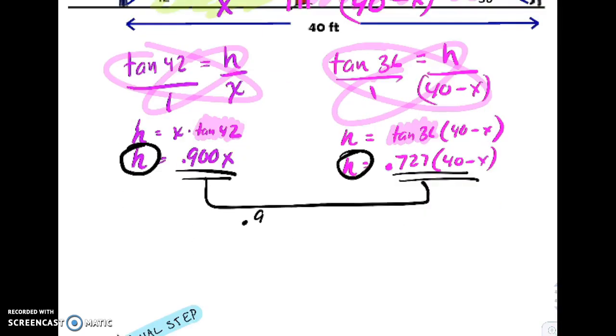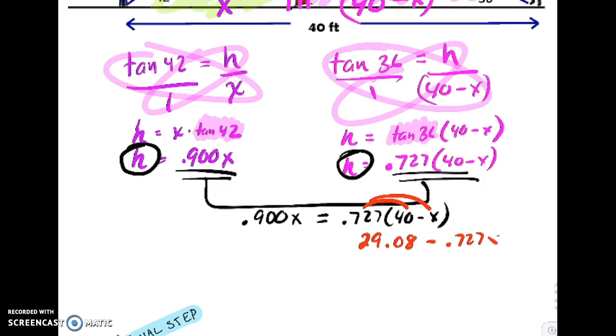So I can set this up as 0.900x equals 0.727 times 40 minus x. So I set them equal to each other because they were both equal to h. And now I'm going to distribute the 0.727 times 40, which is 29.08 minus 0.727x.